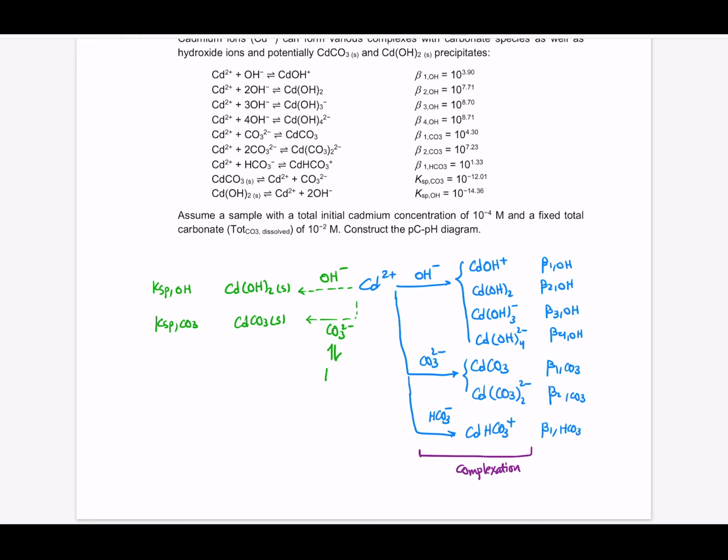And similarly, this would be a part of acid base. And as mentioned, this is basically fixed. So we get the acid base, and we get the potential precipitation.